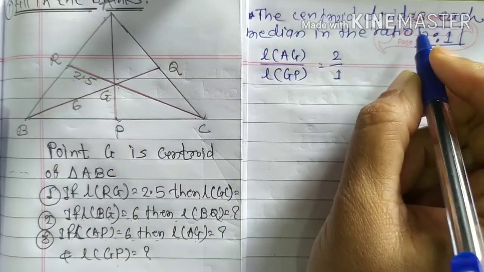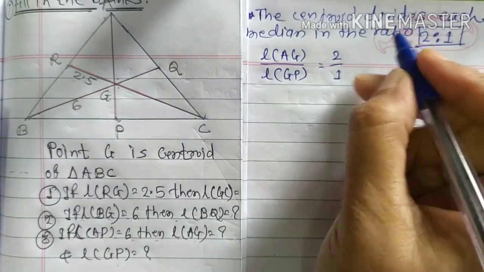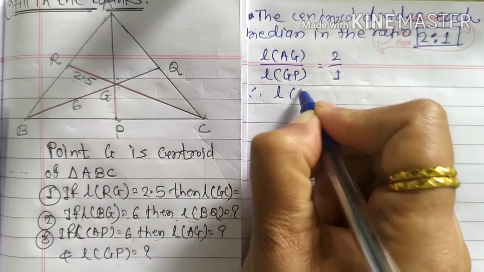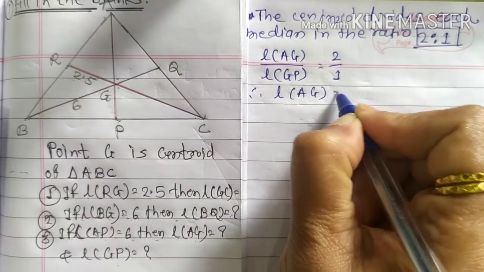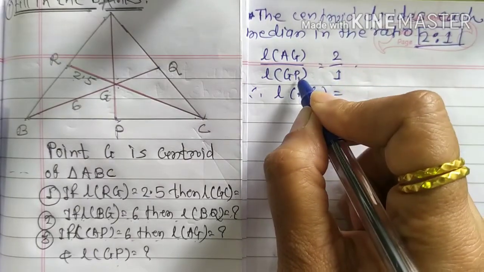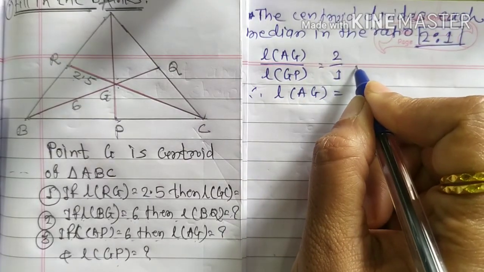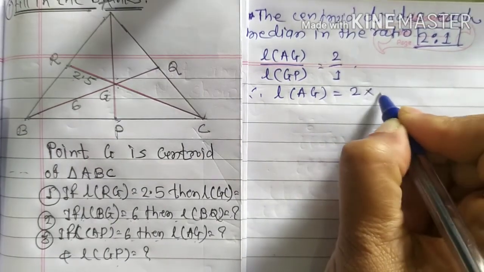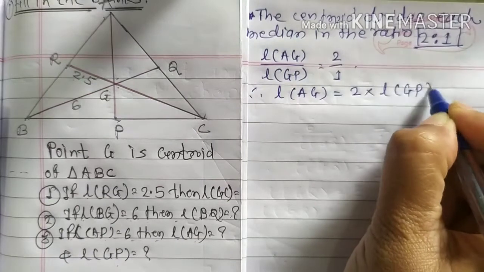By this property, length AG is equal to 2 into length GP.